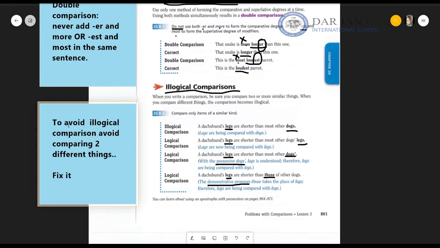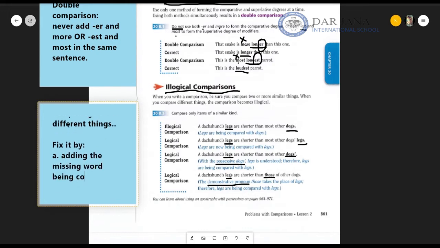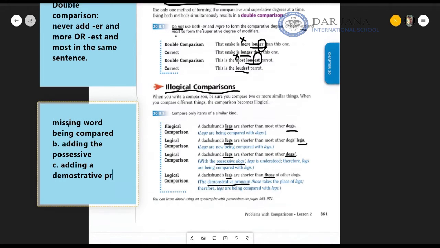Again, fix it by either adding the missing word being compared, or adding the possessive, or adding a demonstrative pronoun.